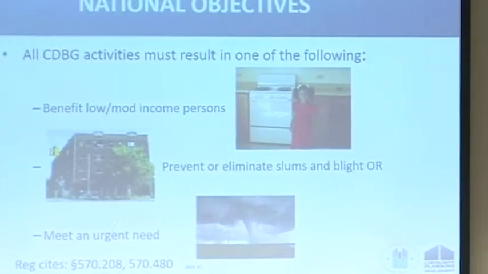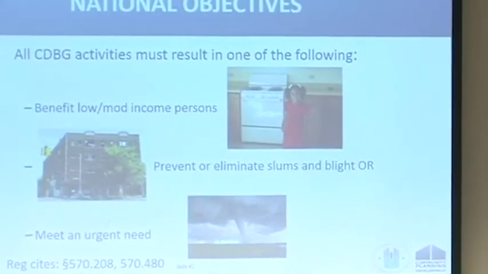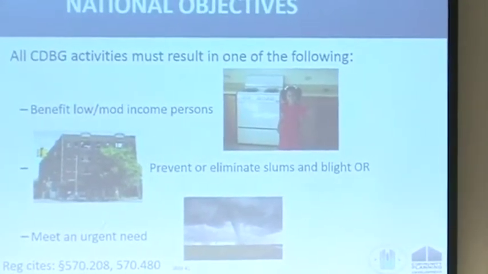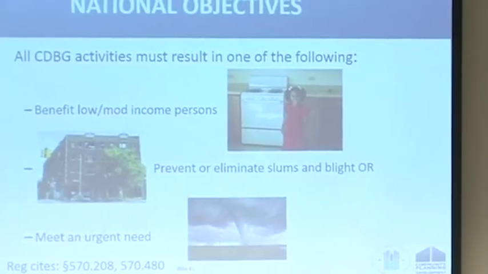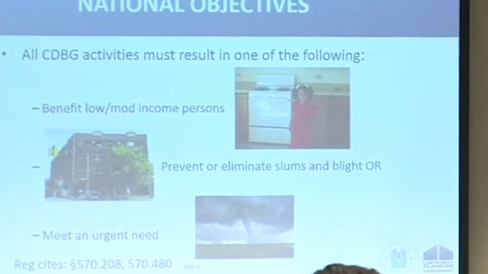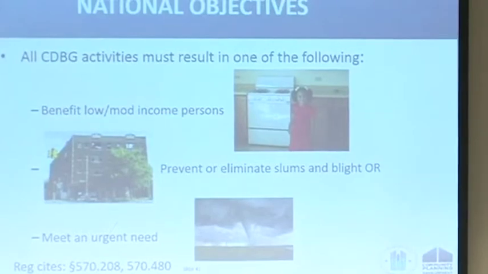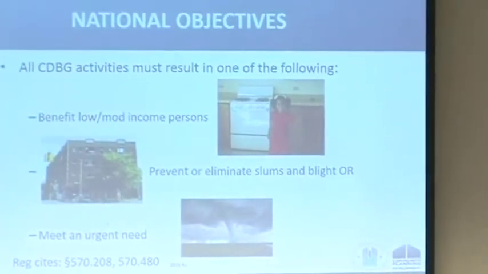And 208(c) is meeting an urgent need, okay? And we'll go through all 3 of these national objectives in the next 25 slides or so. Again, you must meet one of these national objectives for an activity to be eligible.